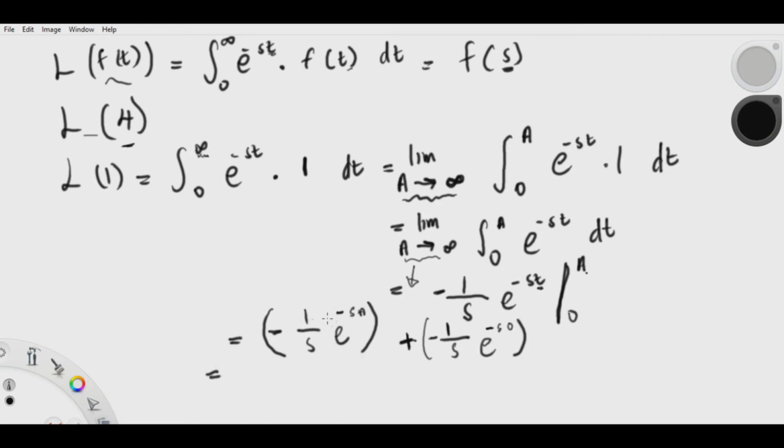Now, this part's lovely, very lovely. This gives you 0, because the exponential here is a lot stronger than the 1 over s. The 1 over s isn't going to really do much to the exponential. It's like if you times 1 over s by 0, regardless of what s is, it's always going to end up being 0.